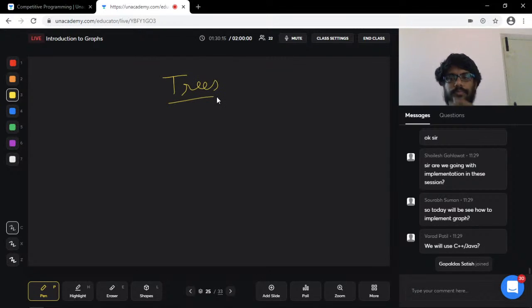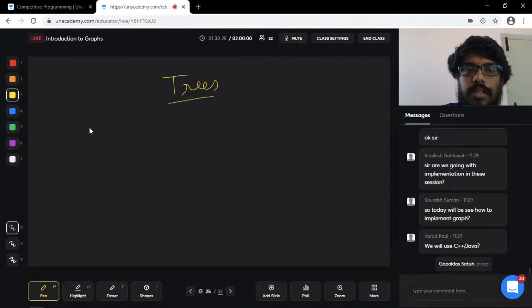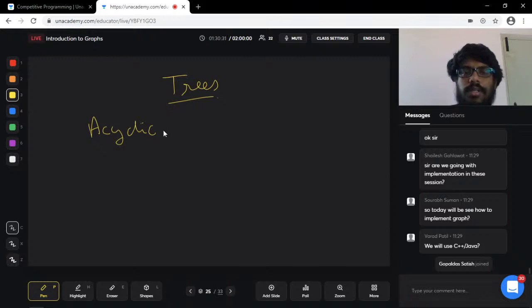Okay. So now we come to the next important concept, which is called a tree. What is a tree? A tree is nothing but a special graph, and in particular it is an acyclic graph, which is also connected.